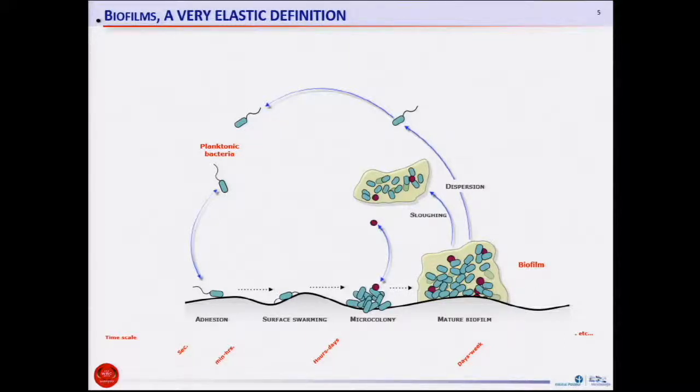Then the bacteria will eventually start to attach and swarm on the surface, will develop with other bacteria creating what we call a multi-species biofilm, will eventually enter into the biofilm, and then at one stage they're going to start producing polysaccharides, and then they will produce a major biofilm that can eventually be dispersed either by pieces of biofilm that will be sloughing out, or by bacteria that will be reactivated for swimming, for example, and then go again in this cycle. You see that this is a question of time scale. We can go from seconds to days, years on this system.